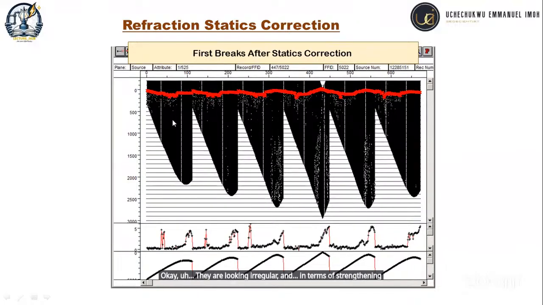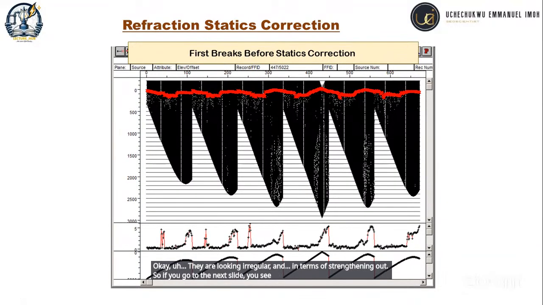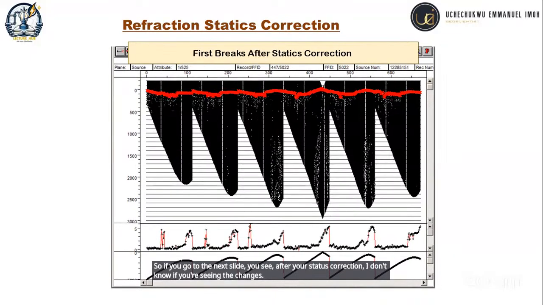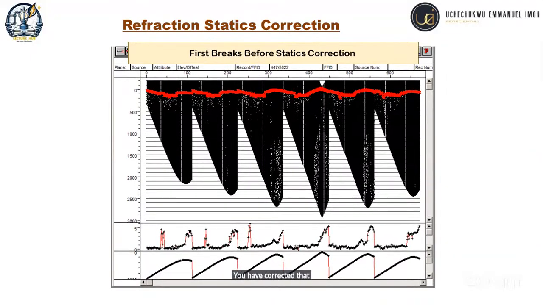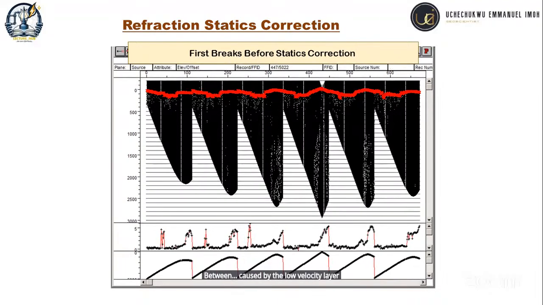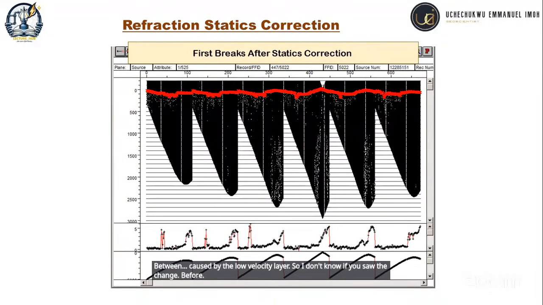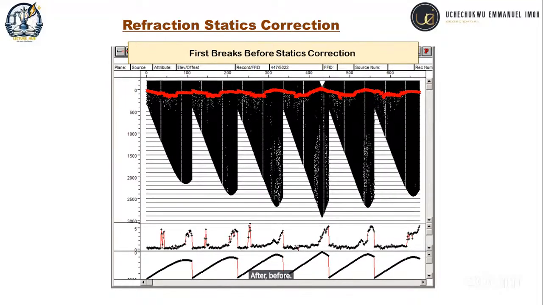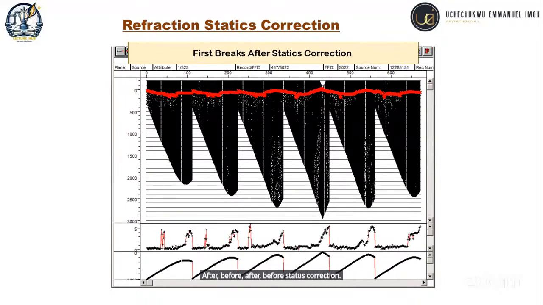If you go to the next slide, you see after your statics correction, I don't know if you're seeing the changes. You have corrected that effect, the slowness in arrival time caused by the low velocity layer. So I don't know if you saw the change before statics correction, after statics correction. You're correcting for the effect of the low velocity layer. That is why you do your refraction statics correction.